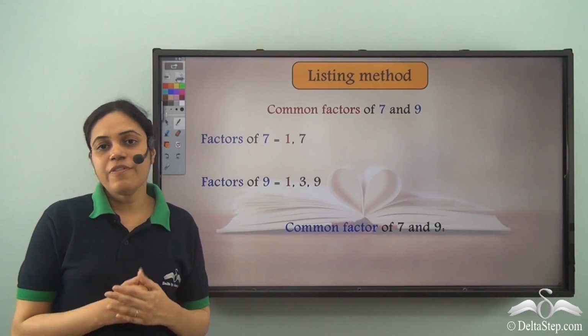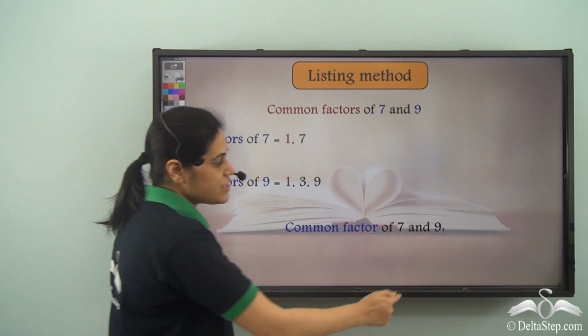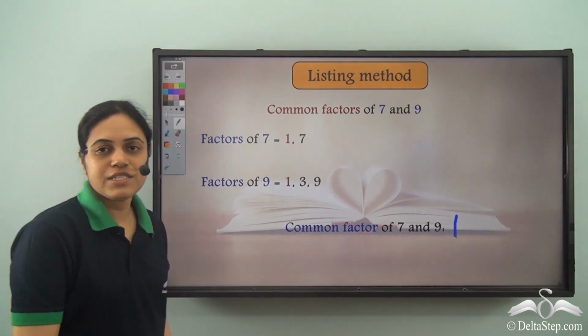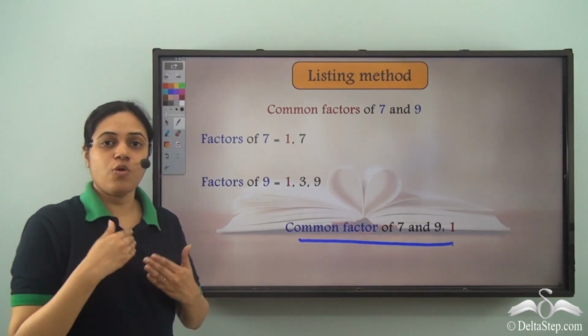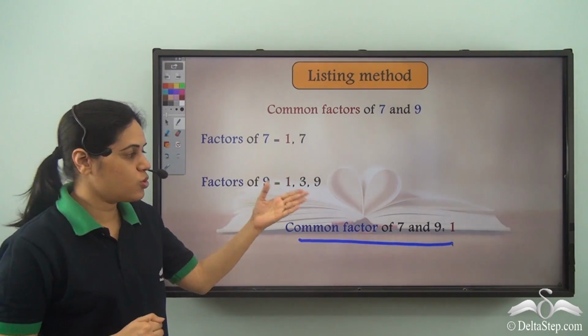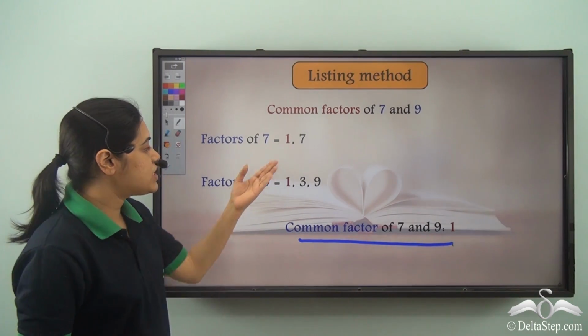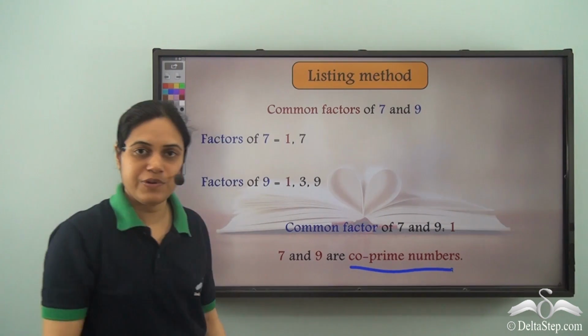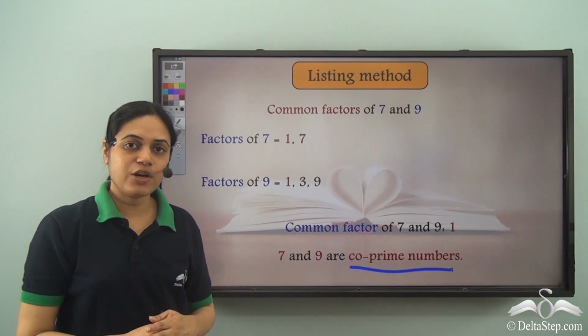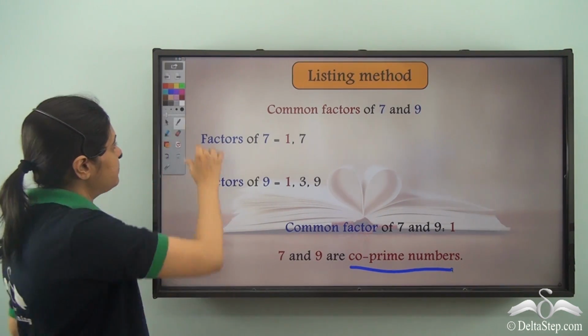So what is the common factor of 7 and 9? It is 1. It is the only common factor. There is no other common factor. So 7 and 9 are called co-prime numbers.